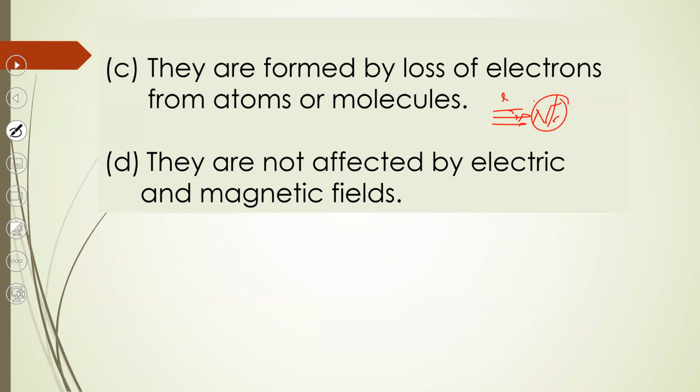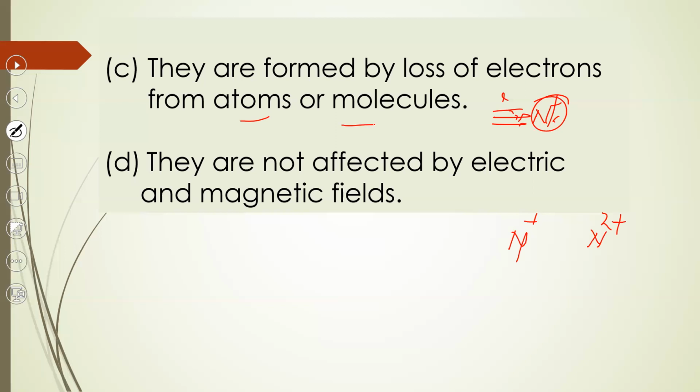It is not possible for a sodium-like element, but nitrogen and some other elements can lose more electrons. So they are formed by loss of electrons from atoms or molecules, no problem, right?